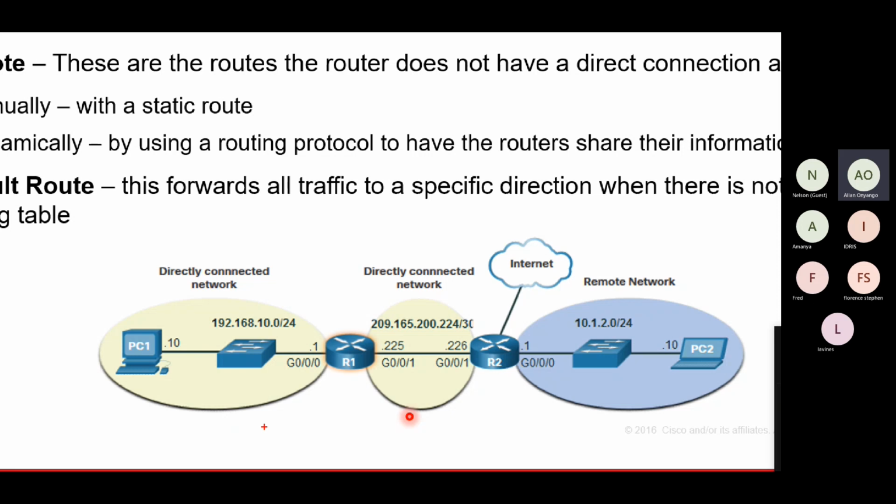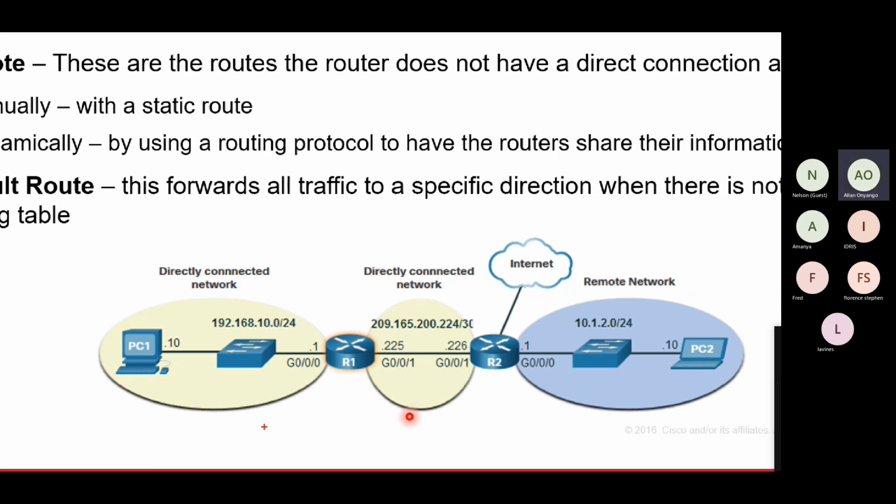Whether you are in the UK, the US, Tanzania, Kenya, Kisumu, Mombasa, Nakuru, even within Nairobi city here, your router must know how to reach my router, and my router must know how to reach your router. So the whole process of a router knowing how to reach another router is what we call routing.